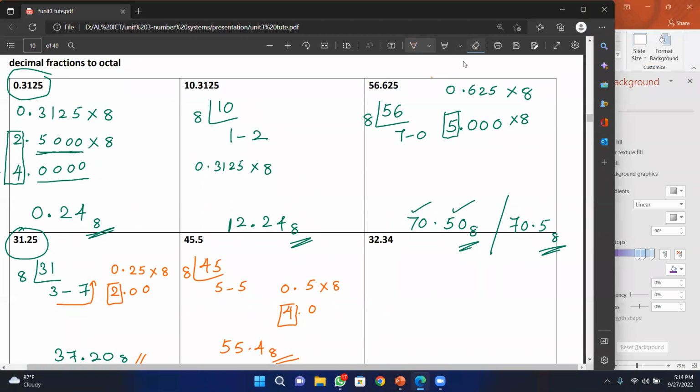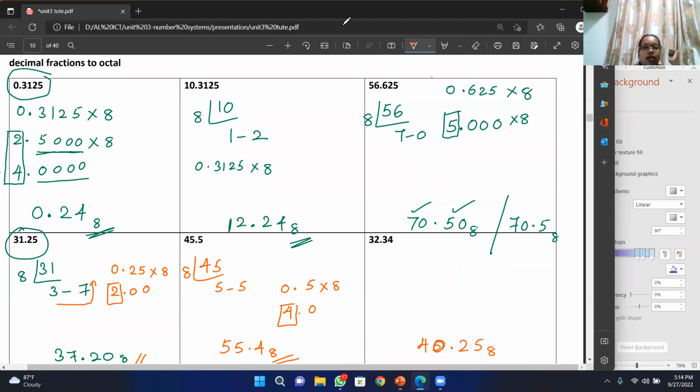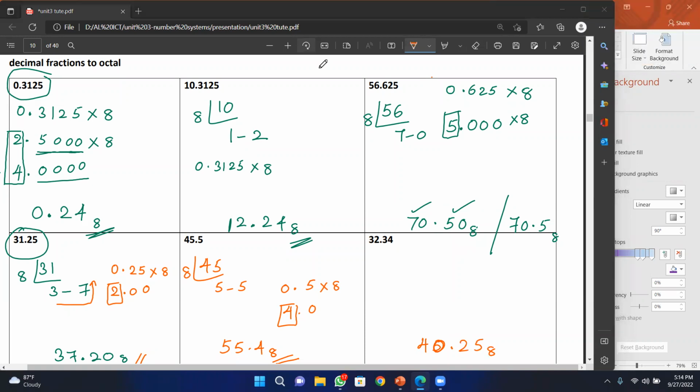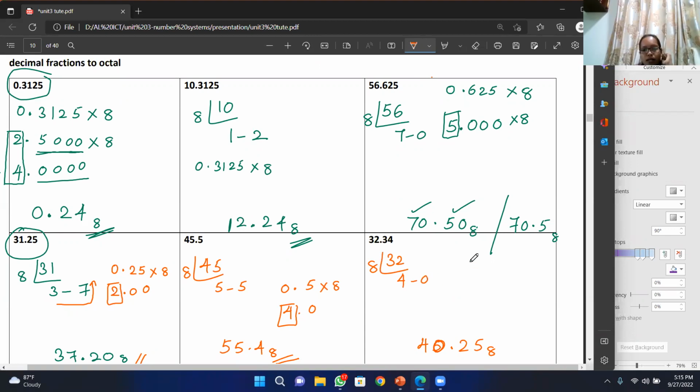So I got 40.25 to the base 8. Yes, teacher, same answer. 40.25 to the base 8. Has anybody taken the same answer? Yes, teacher, same answer. Same. Yes, that is 40.34 into 8.